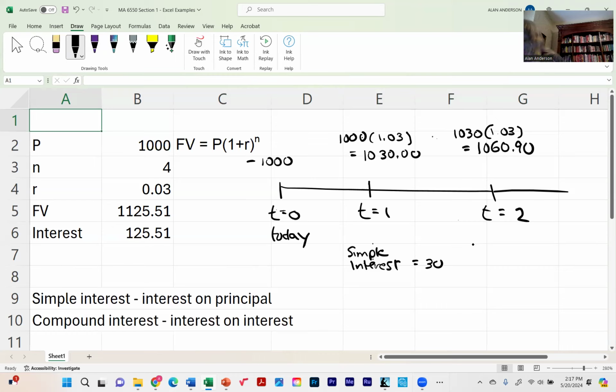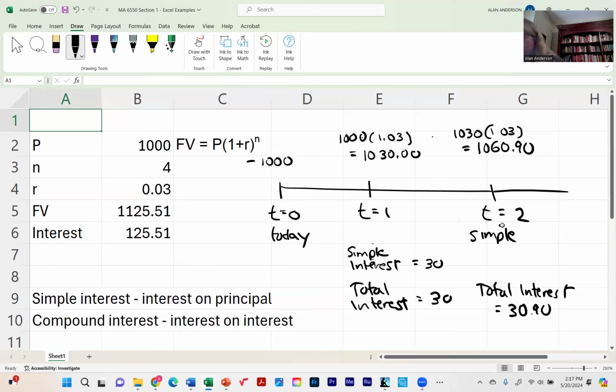So the total interest, by the way, let me add this over here. Simple and the total are each 30 in year one, but here all of a sudden the total interest is $30.90. The simple interest never changes. It's 3% of the original principal. So the simple interest is 30.